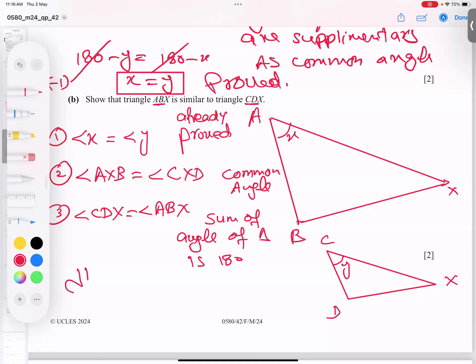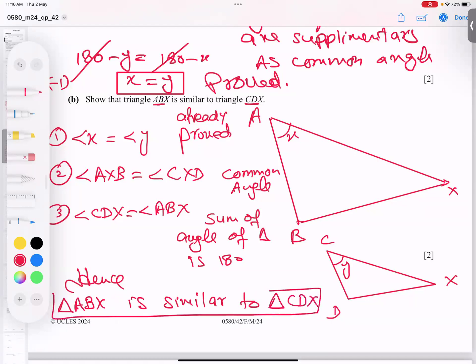Now we can say hence triangle ABX is similar to triangle CXD, or CDX, no problem. I think I should write the same statement better. And I believe you got the point very clearly. And what is the criteria? By criteria, angle, angle, angle.